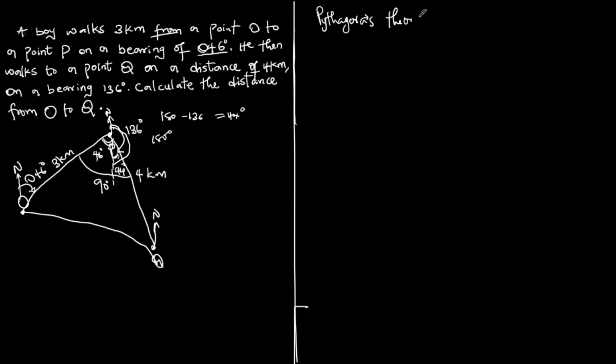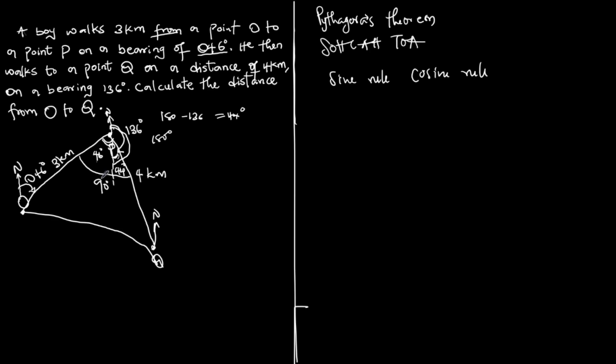Or Pythagoras rule. Now, if we want to find any angle in a right angle triangle, you use your SOHCAHTOA. If you have to find any side or angle of a non-right angle triangle, we use either the sine rule or the cosine rule.